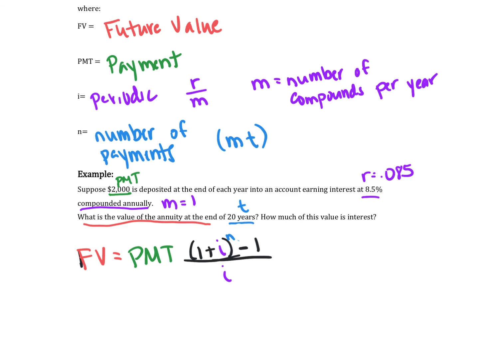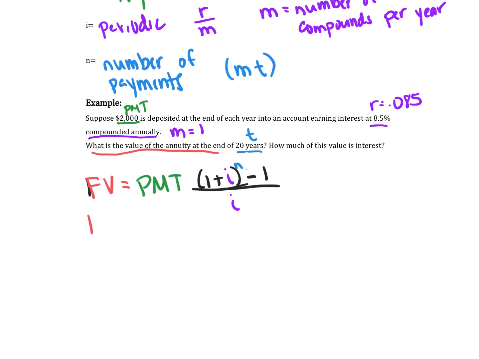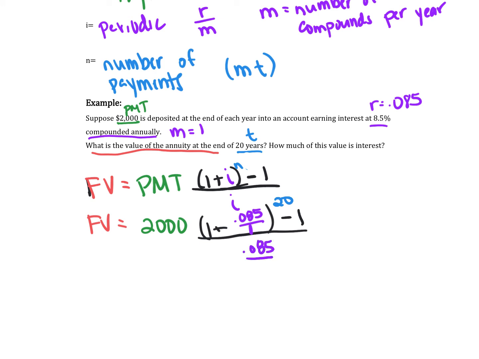When I set this up, my future value is equal to the payment, $2,000, times 1 plus my I, which is 0.085 divided by 1, because you're only compounding one time, that's the annual, raised to the n. My n is calculated as m times t, so m is 1 and t is 20. So your n here is just going to be 20, minus 1, over that periodic interest rate, which is 0.085 divided by 1.